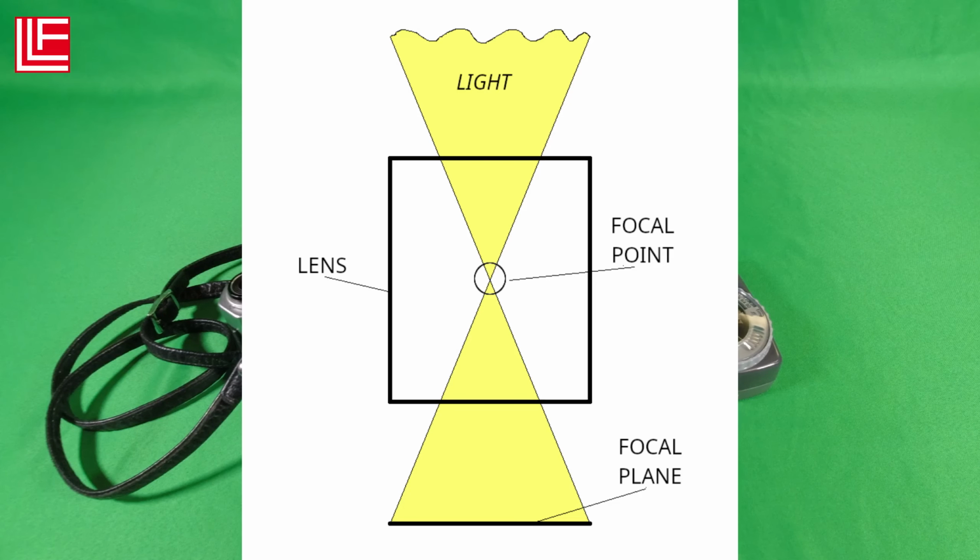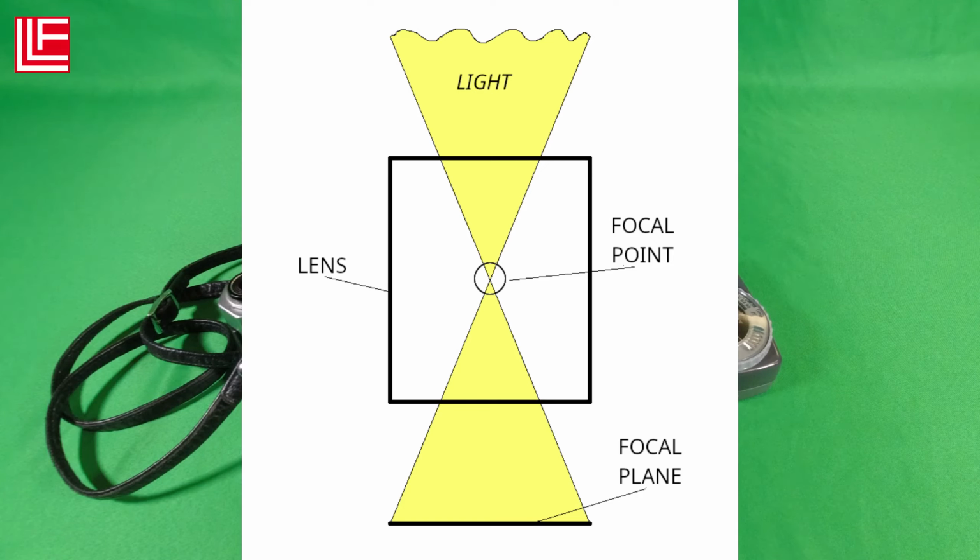You can see the light getting through it, through the focal point. The focal point basically is the center of the lens, and to the focal plane, which can be the sensor or the film.